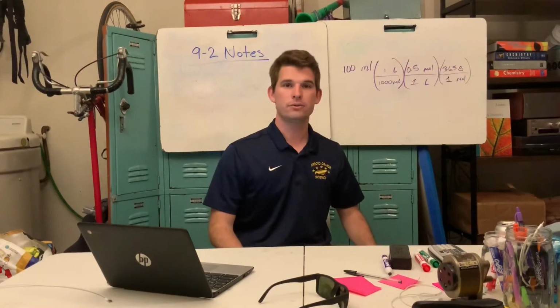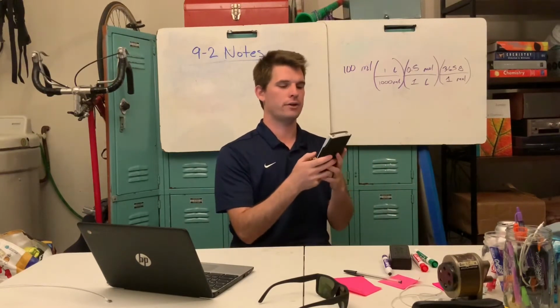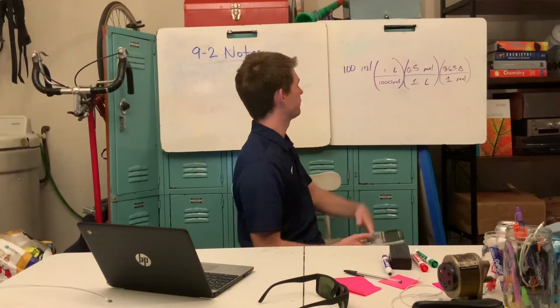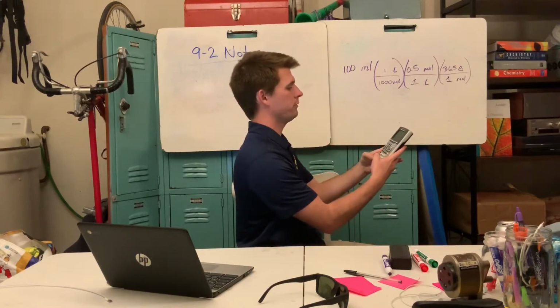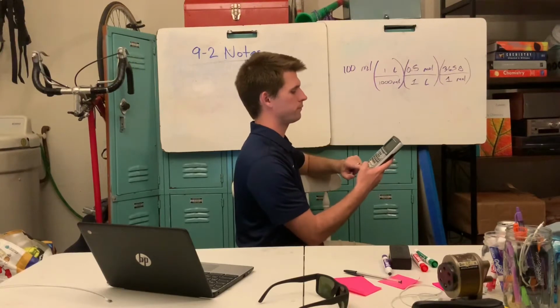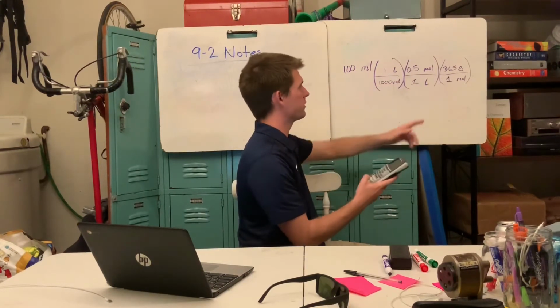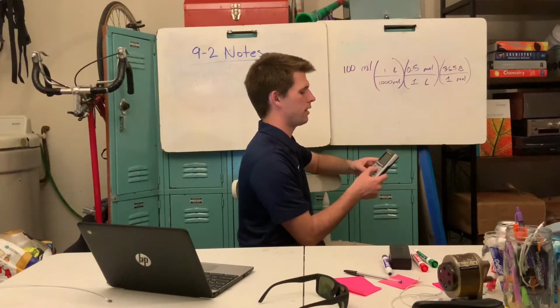All we need to do is use our calculator. So let's get our calculator out and you can type it in just like I do. First, we start with 100. We're going to divide by 1,000 because it's on the bottom. We're going to multiply by 0.5 since that number is on the top.